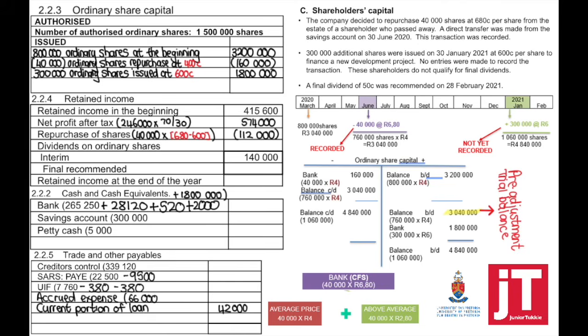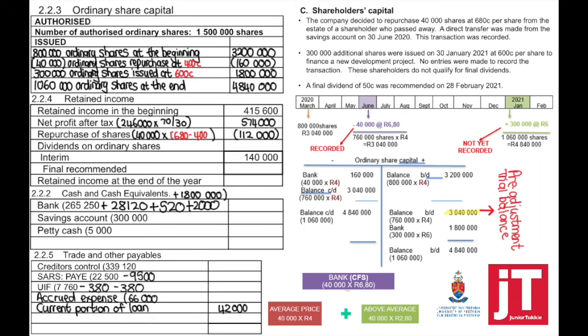If we look at the retained income, do not forget the repurchase of shares is always at the amount above the average price. So show your calculations in brackets. 40,000 shares were repurchased, and if we take 680 cents, which is the total repurchase price, minus the average price, it equals R2.80 or 280 cents, and that equals the 112,000.